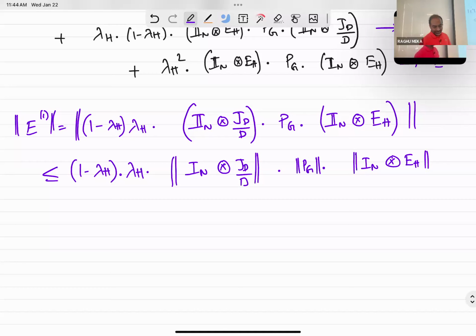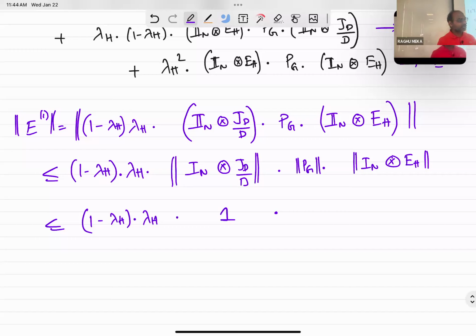And well, now what? This one, we know what the spectral norm of tensor products is. It's a product of the spectral norms. This has spectral norm 1, and this has spectral norm 1 as well. So this is at most (1 minus lambda h) times lambda h times 1.